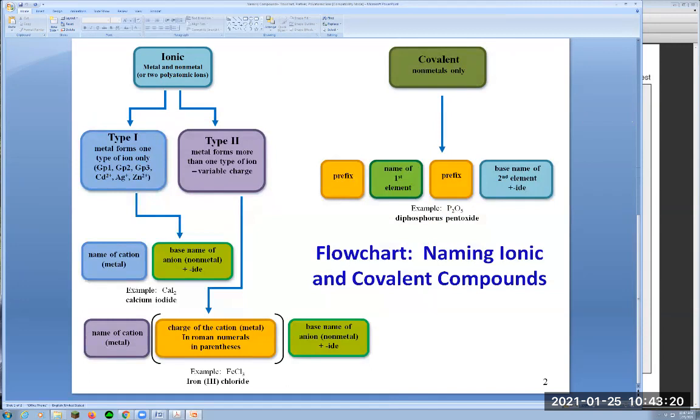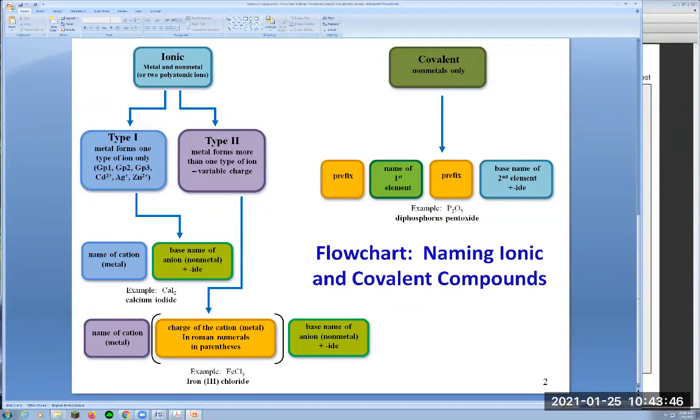So on the left side, it's how to name ionic compounds, which are made of metals and non-metals, or two polyatomic ions. And then on the right, it's how to name covalent compounds, which are made of non-metals only. Whenever you don't know what kind of formula you have, you always want to decide first: do I have an ionic compound or do I have a covalent compound?